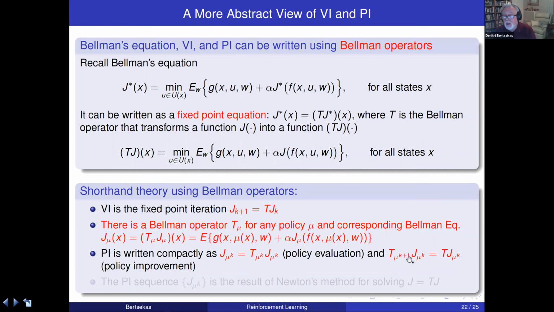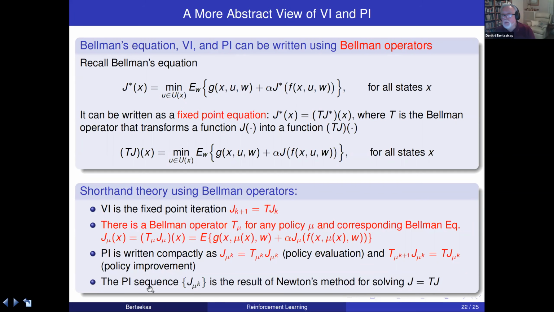We find the new policy, mu k plus 1, that attains the minimum in Bellman's equation when J mu k is used in place of J star. So policy evaluation and policy improvement are written in shorthand, compactly, and from the point of view of mathematical proofs and visualization, this is very useful.